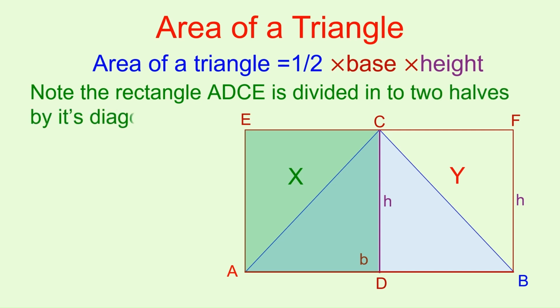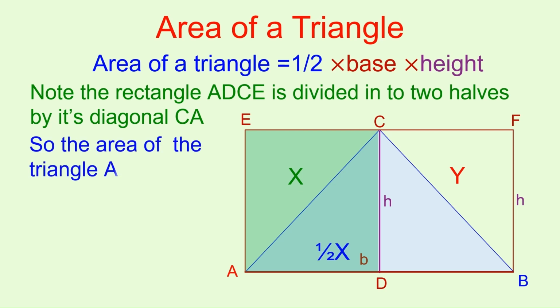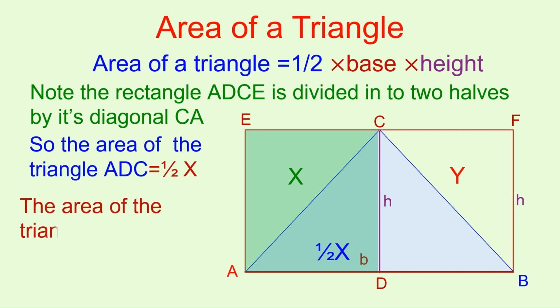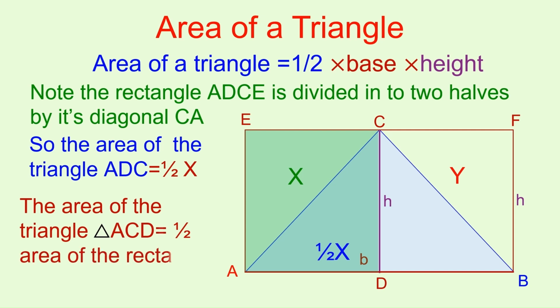Note: the rectangle ADCE is divided into two halves by its diagonal CA. So the area of the triangle ADC equals 1/2 of X. The area of the triangle ACD equals 1/2 of the area of the rectangle ADCE.